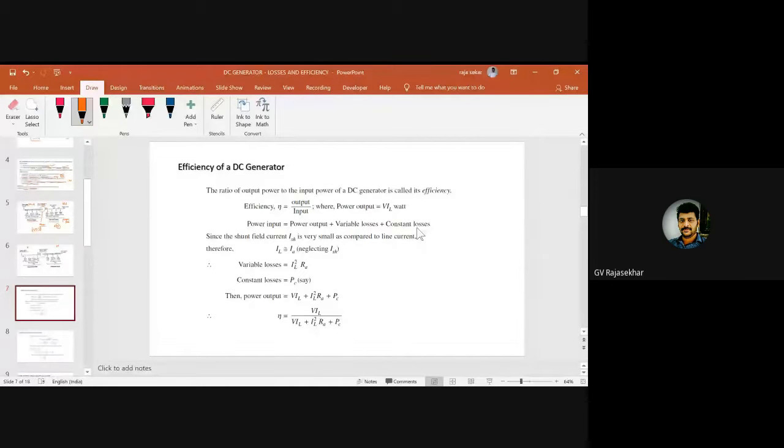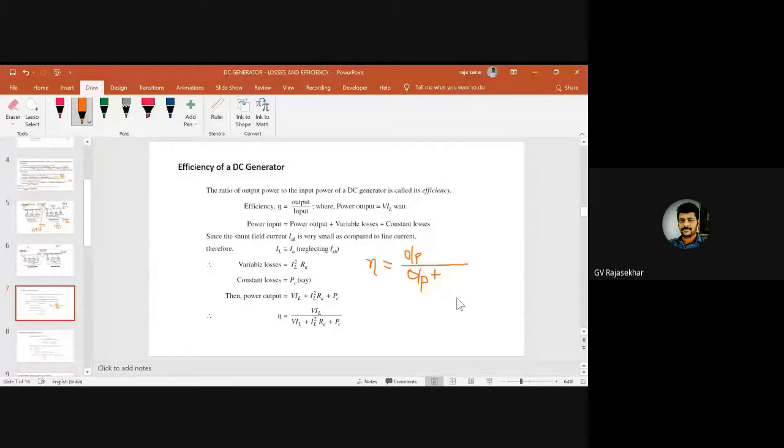So efficiency can be written as output by input, or instead of input power you can write it as we have written for a transformer. The same we can write, but here cos theta will not come. Why? Because we are dealing with DC power, and in DC power there is no power factor.